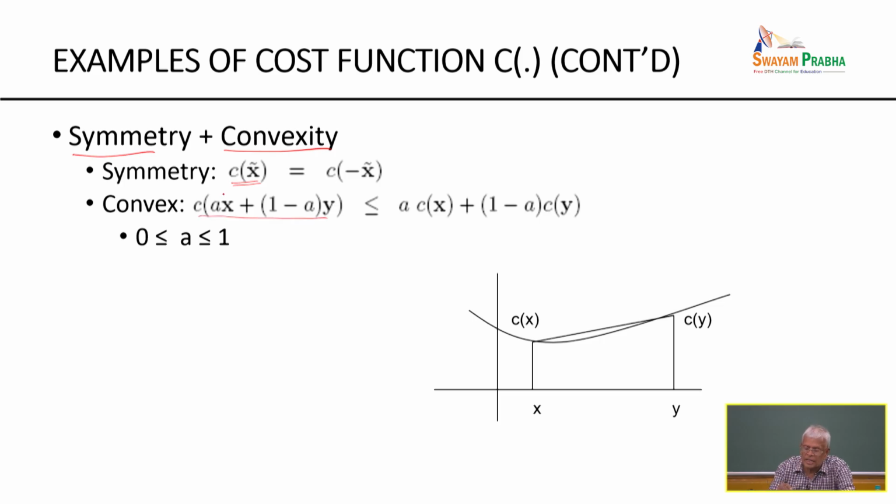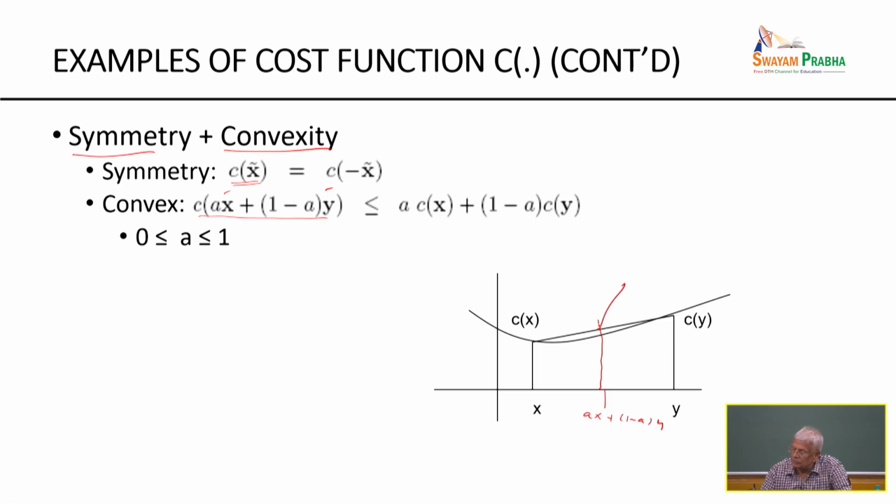So if x is an error, y is an error, a x plus 1 minus a y, this is the x, this is the y. So this point is a times x plus 1 minus a times y. Then I can compute the cost in here. So this is C of x.